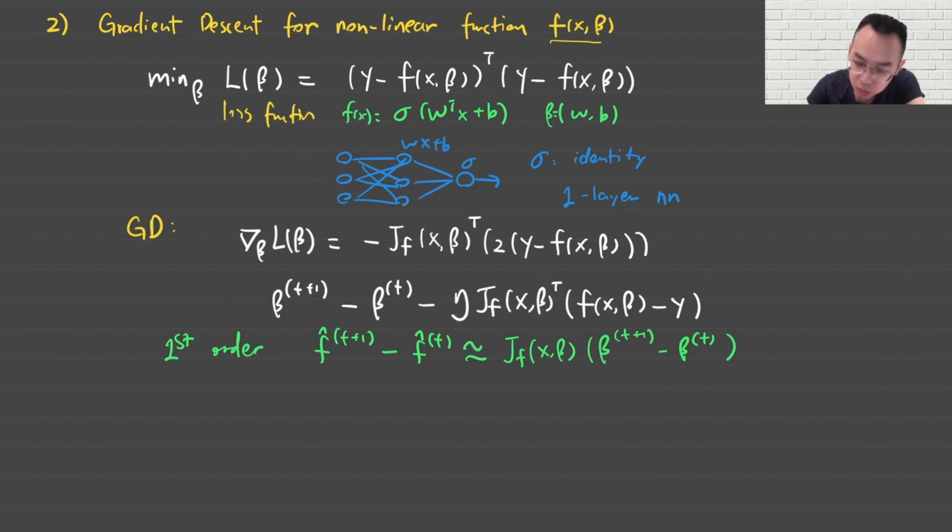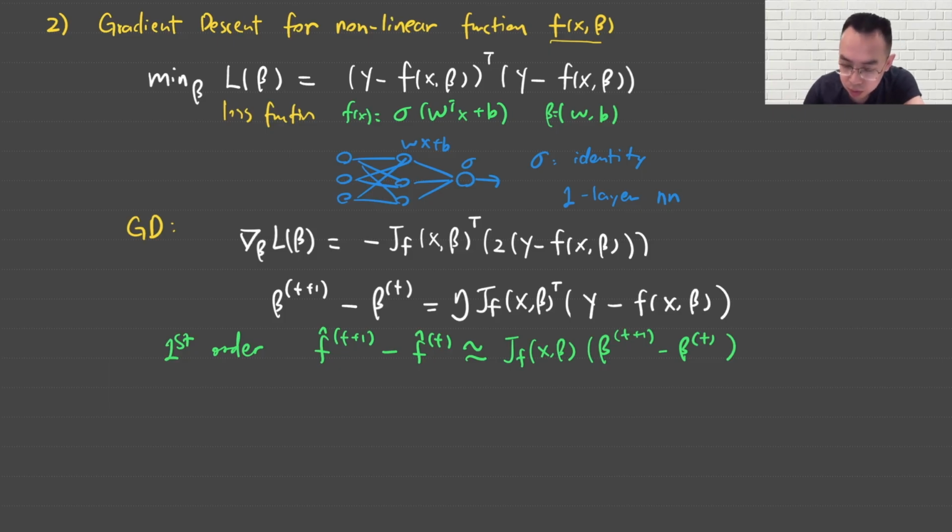Also I'm just removing this minus sign here, and then I'll reverse the last term, so it becomes y minus f(x, beta).